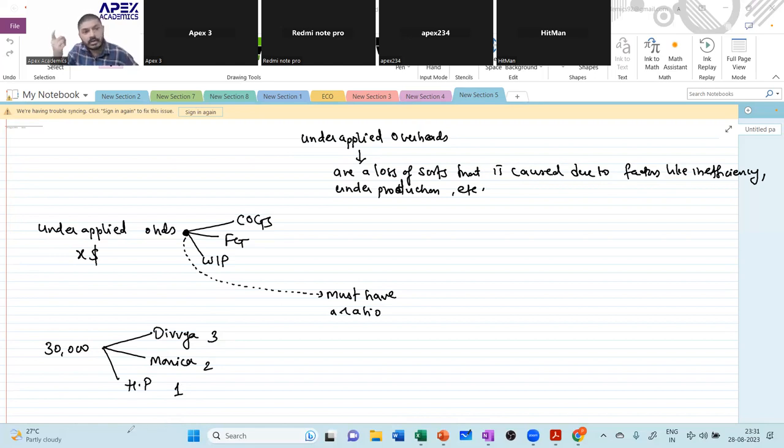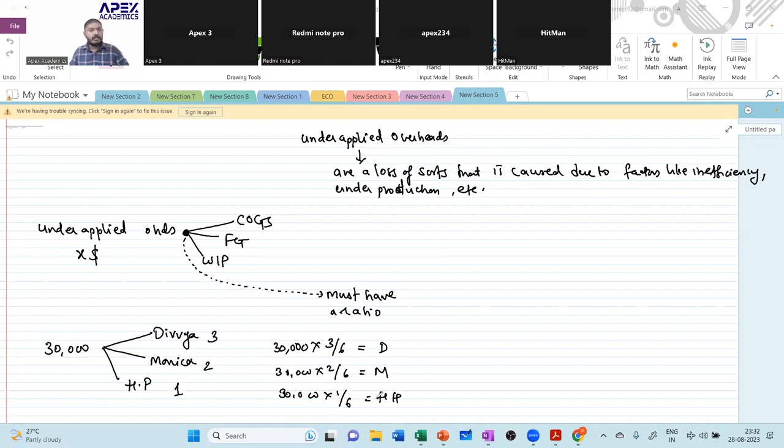How will you allocate this? You will say 30,000 into 3 divided by 6 for Divya, 30,000 into 2 divided by 6 for Tanna, 30,000 into 1 divided by 6 for Haripriya. Are you understanding this concept? Yes or no? Yes, sir. Take a screenshot of this. Wait, Alok, wait. Under-applied overheads, how to allocate?